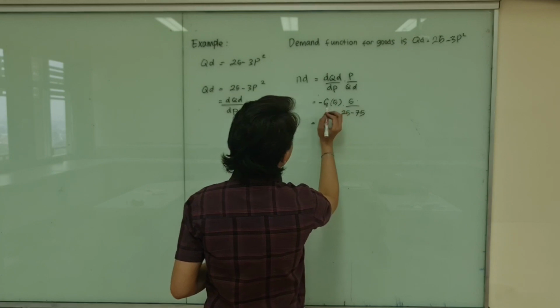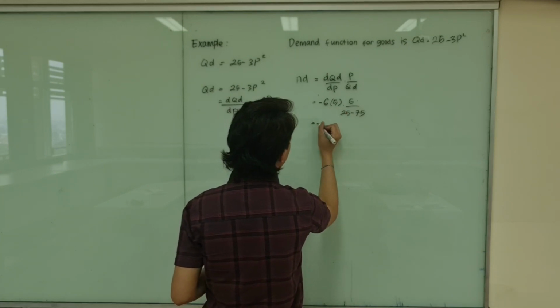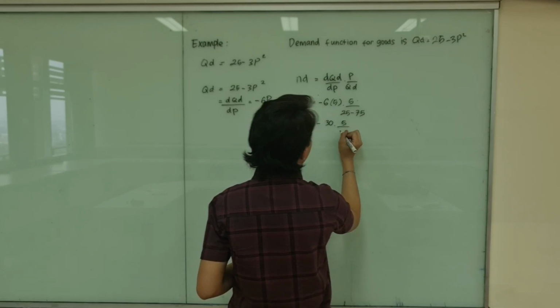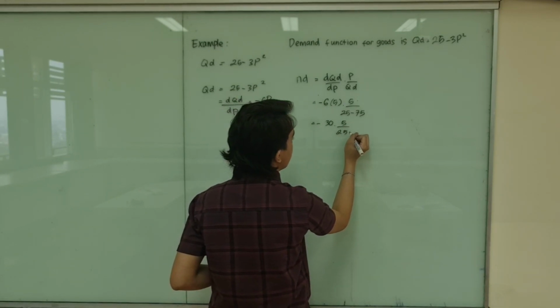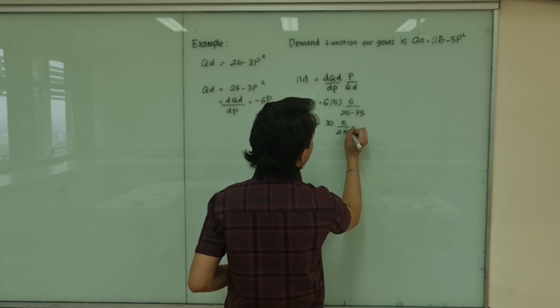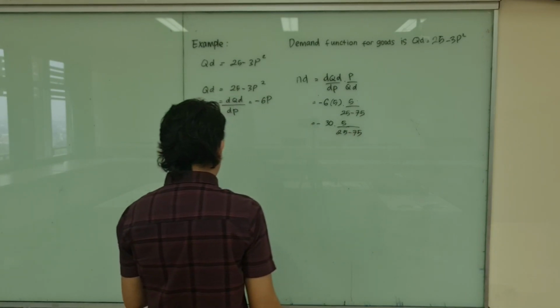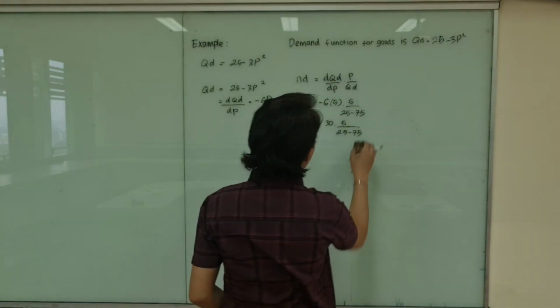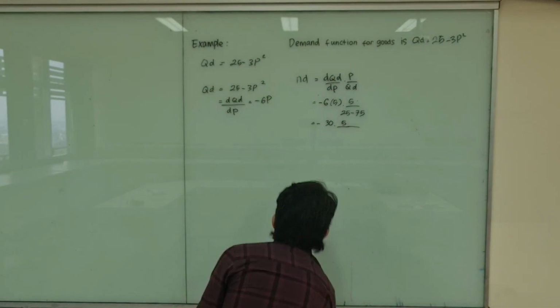Now 6 times 5 minus 3P squared times 5. 25 minus 75. That's minus 50.